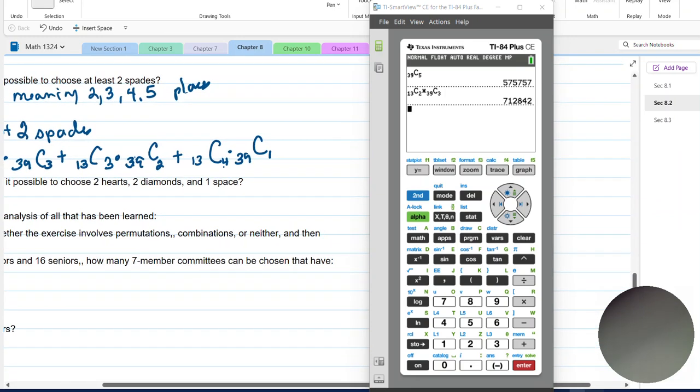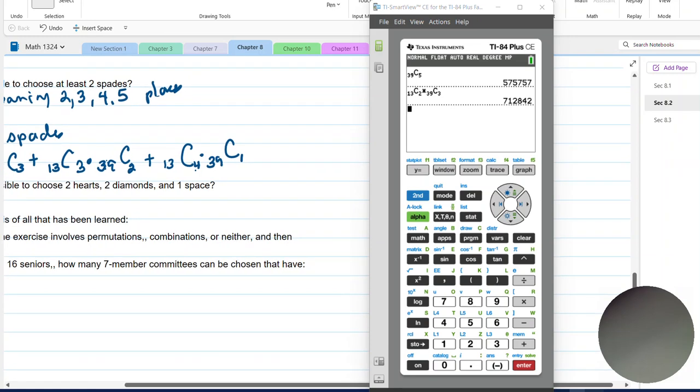All right. And 13 and 39 make 52. And then we're going to have this one here, 13 choose 5 times 39 choose 0. All right, because a max spade hand would be 5.